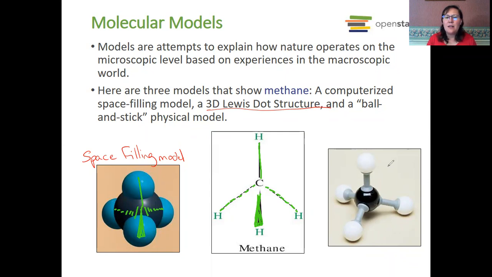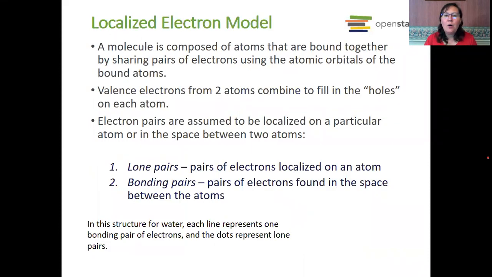And you can see the same thing here in a ball and stick physical model, okay? Again, this one is going up, this one is coming out towards you, and then you have these going back.